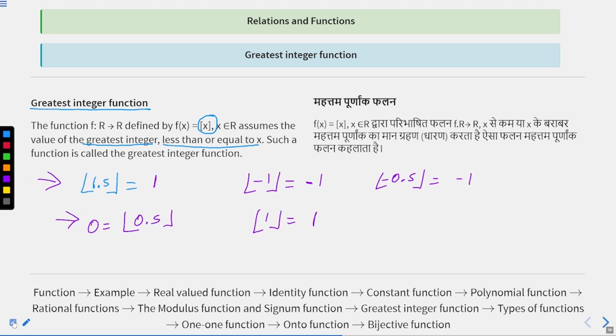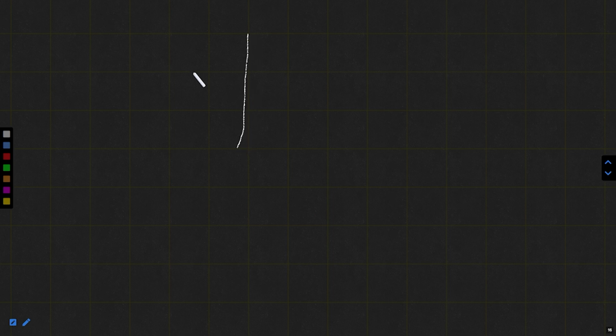If you plot the graph for it, let's plot. Look at the interval from 0 to 1, and the interval from 0 to -1. Take any value in between 0 and 1, such as 0.5, 0.6, 0.000001, anything less than 1 but greater than 0.